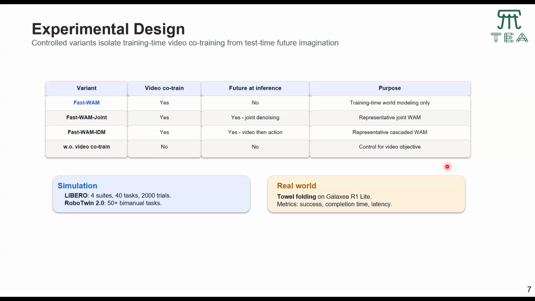So here are the four variants. The first is the proposed method, the Fast-WAM model, and it utilizes the video co-training during training, but does not explicitly generate the future frames during the inference. The joint version represents the joint world action model paradigm, and it utilizes the video co-training, but at inference, the future observation and action tokens are generated together.